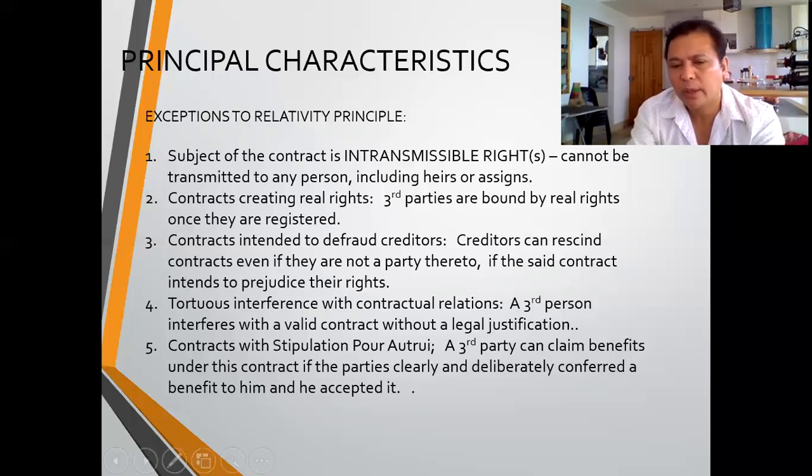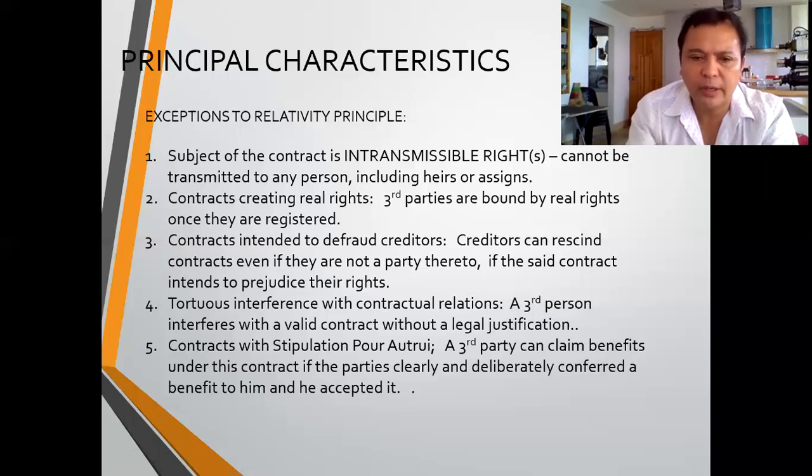What is this one? A third party can claim benefits under this contract because the parties in the contract clearly and deliberately conferred a benefit to him, and this third party accepted the stipulation pour autrui.